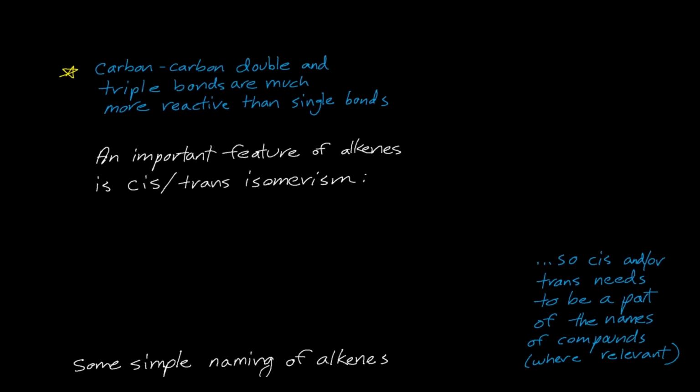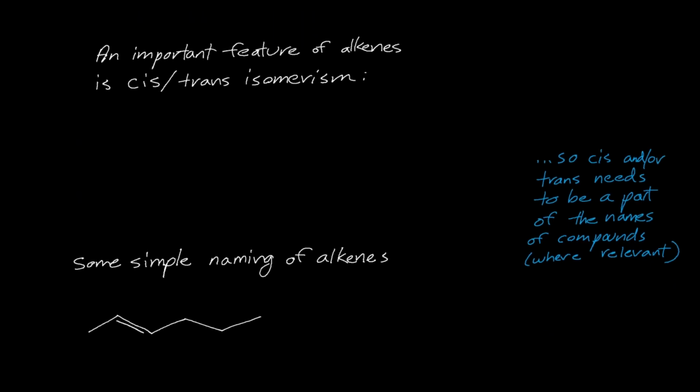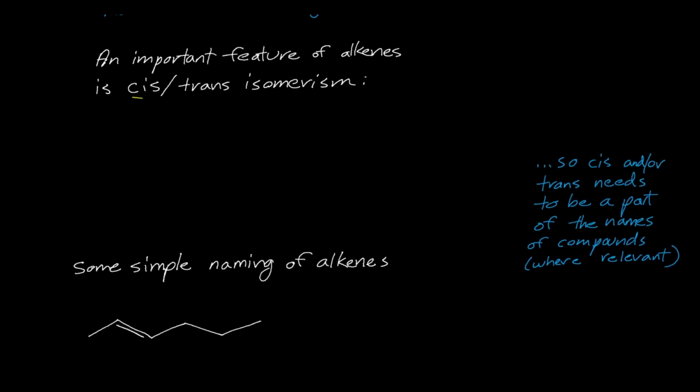So alkenes, like substituents on rings, can have cis-trans isomerism. In other words, they can exist as different compounds. One is cis, one is trans, and they're different. They're isomers. So if you recall, in rings, the same holds true where if one substituent is up and the other down, it's trans.